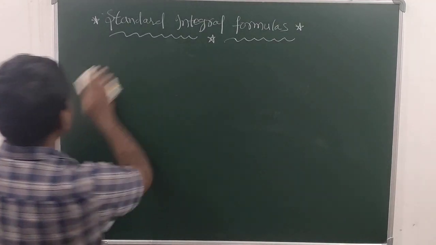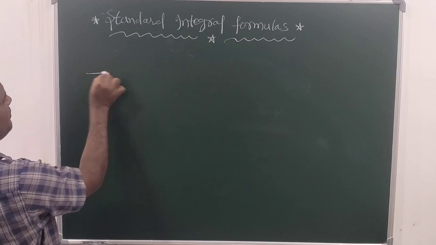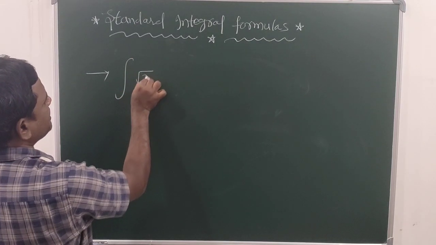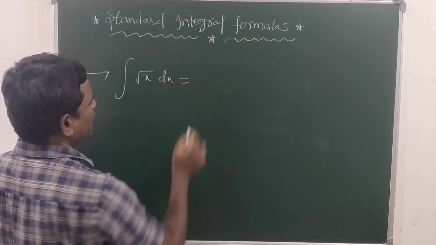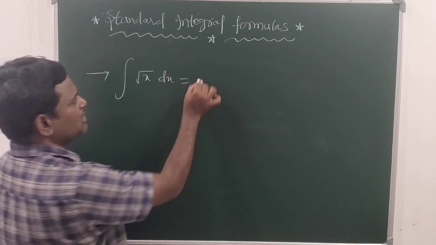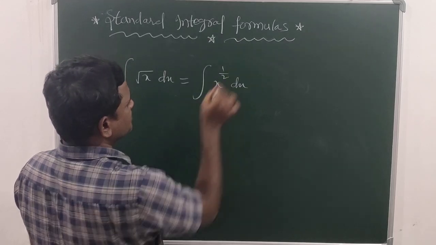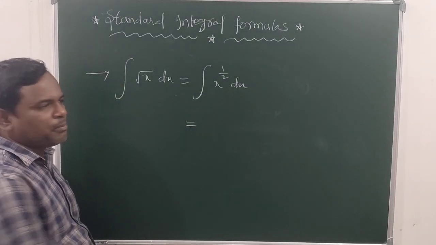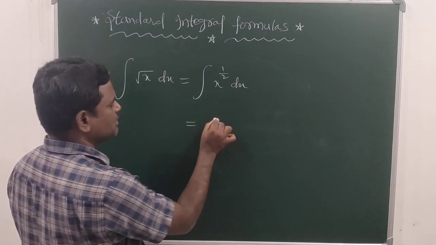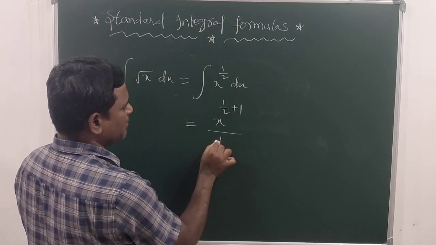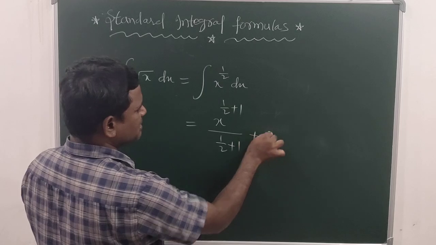See this, integral of root x dx. How do you find whose integral? So it has to be written x power 1 by 2 dx. Now apply the previous formula for this, so that you will get x power 1 by 2 plus 1 by 1 by 2 plus 1 plus c.